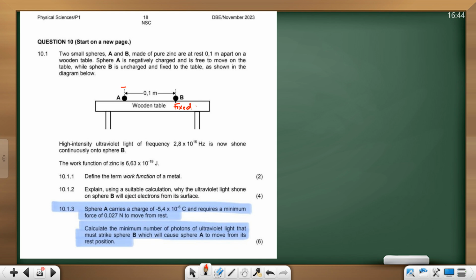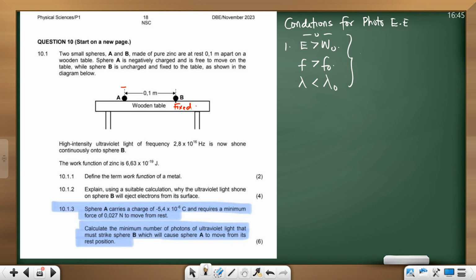Explain using a suitable calculation why ultraviolet light shone on B will eject electrons. Guys, conditions for photoelectric effect. E must be greater than the work function. And I can transcribe this into f must be greater than f naught, or that must be greater than the maximum.